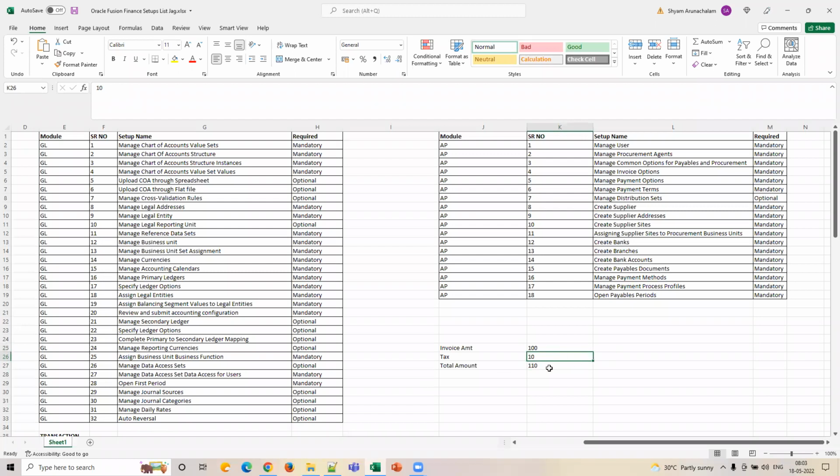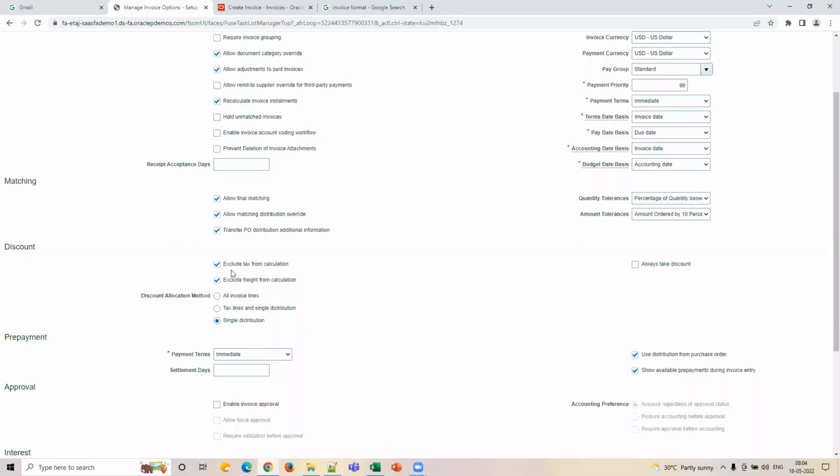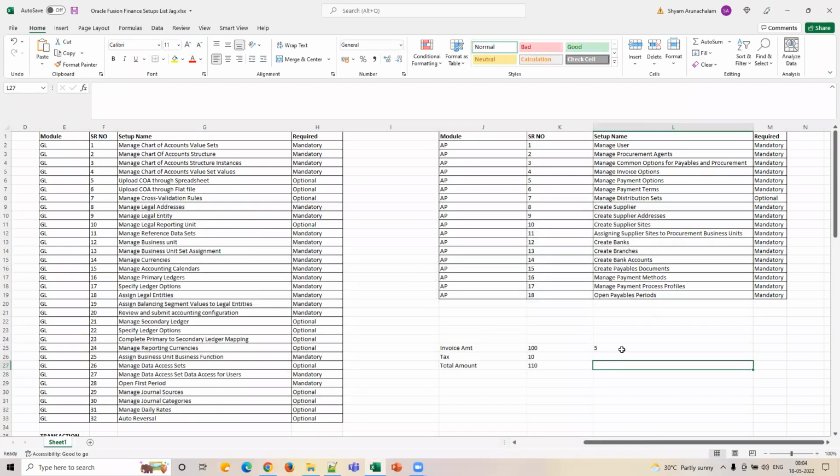Taking 5% from the total means there will be 5.5 discount, right? So it is not the actual discount amount. You cannot discount anything from your tax amount. So you have to discount from only your invoice amount. In general, every time this option will be enabled. Okay. Then always take discount means for all the invoices take discount. It is not recommended, right? Not all suppliers will agree to a discount.